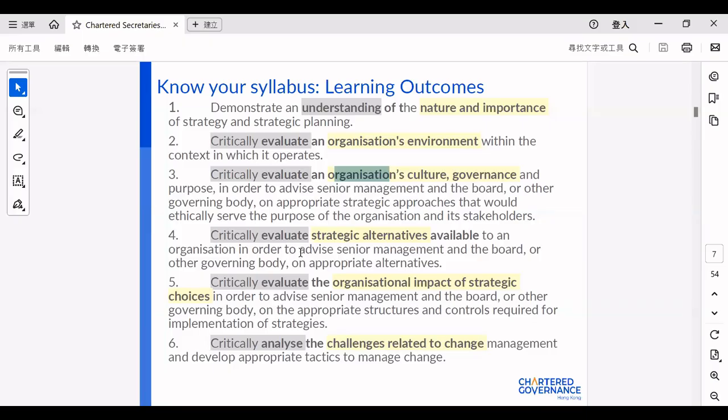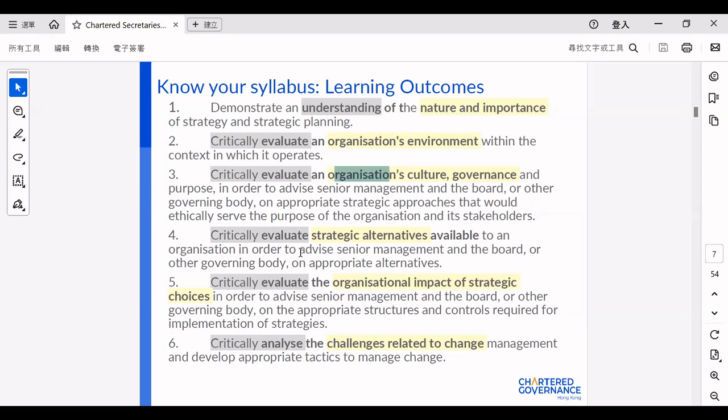In other words, you have to give advice to the senior management or the board, and then you have to give reasons. Just like when you propose something to your boss, you have to convince your boss, and you have to give reasons. So reasoning is very important.